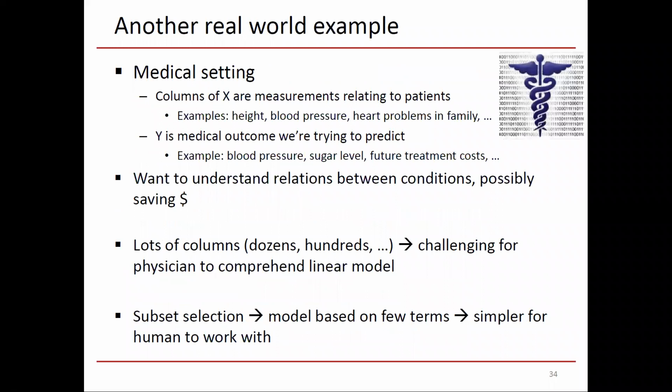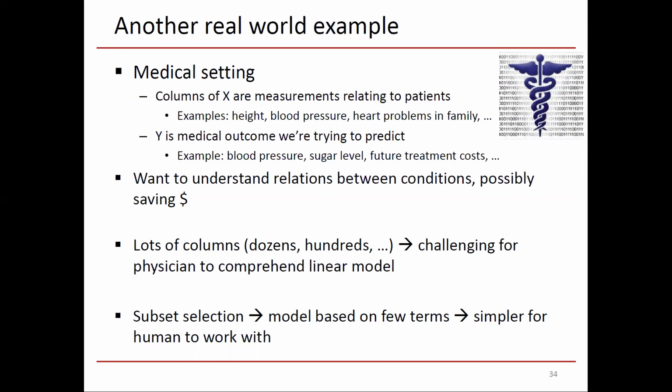Okay. Another real-world example is as follows. You have a medical setting. Columns of X are measurements relating to patients. Again, you can imagine a cardiologist or something. The height of the patient, blood pressure, heart problems in the family, etc. And Y is the medical problem that we're trying to predict in the testing data, and of course learn from in the training data. So for example, maybe we want to predict the blood pressure, the sugar level, the treatment costs.